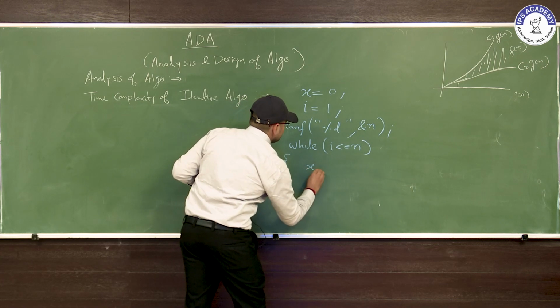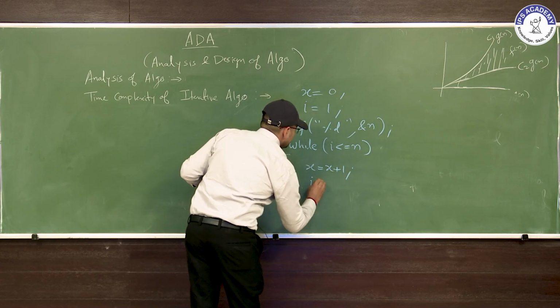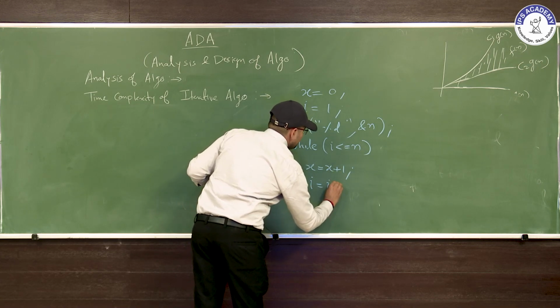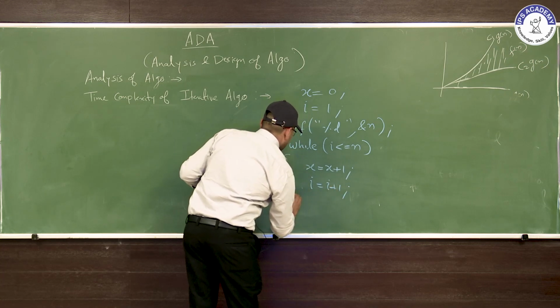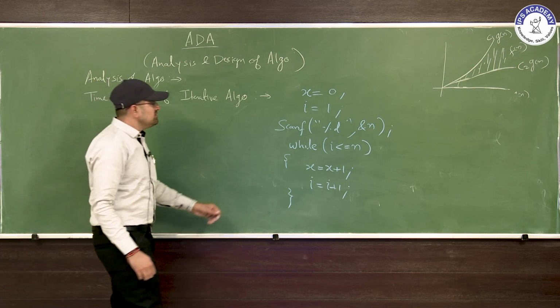We have to increment x by 1 and also increment i by 1. So this is a small block of code, a small algorithm that we have written.